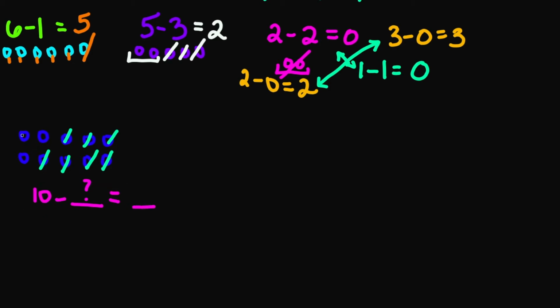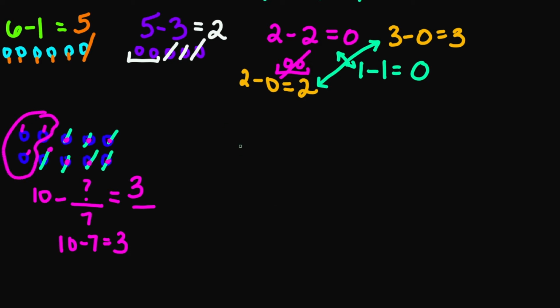Okay, so I have 1, 2, 3 marbles left. How many marbles did I remove? I removed this marble, this marble, this marble, this marble, this marble, this one, and this one. So 1, 2, 3, 4, 5, 6, 7. So this is 7. So 10 minus 7 equals 3. All right, I had 10 marbles. I removed 7, and I'm only left with 3 marbles.